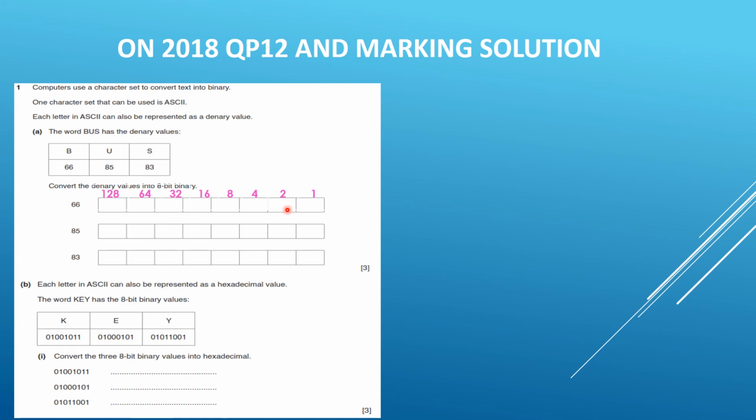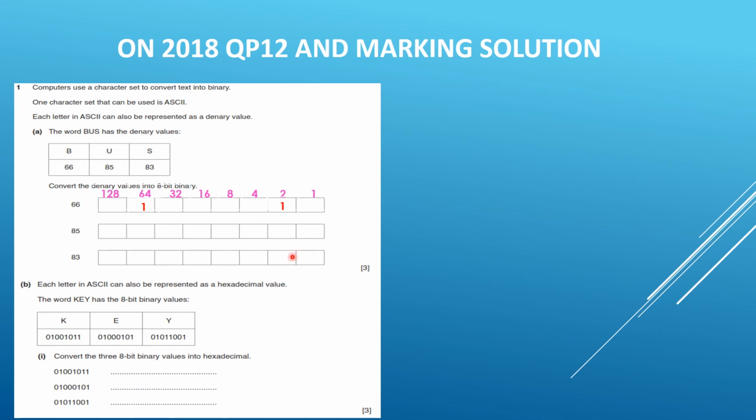So I will simply be putting 1 under the binary notation 64 and 1 under the binary notation 2, and the rest of the boxes will be marked with 0. So this is how the number is converted. Then the next number is 85.